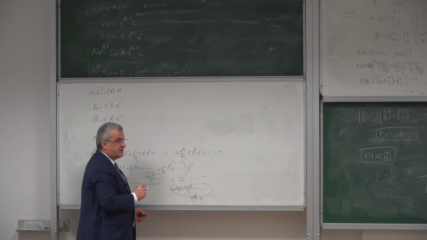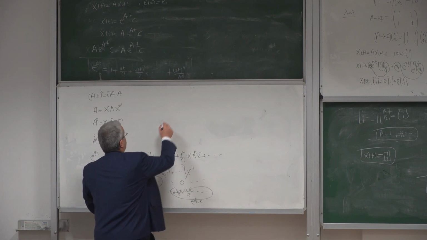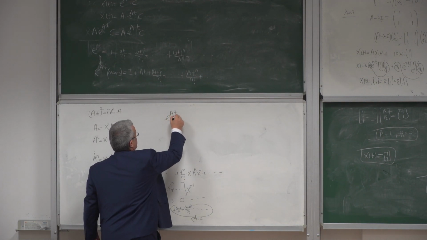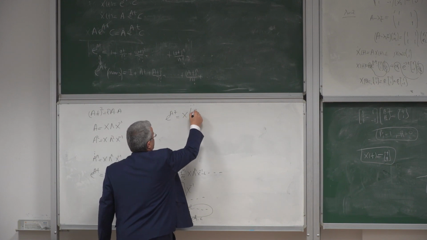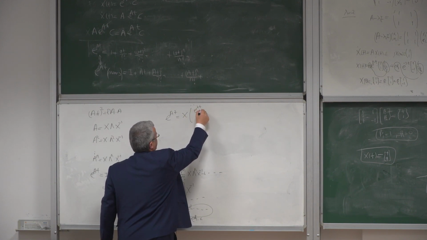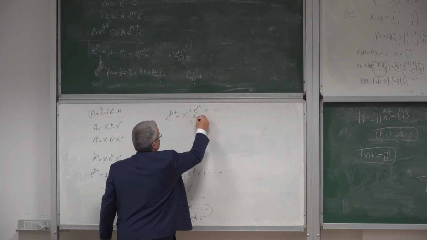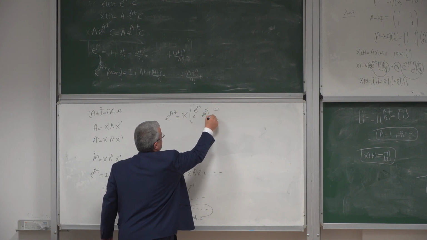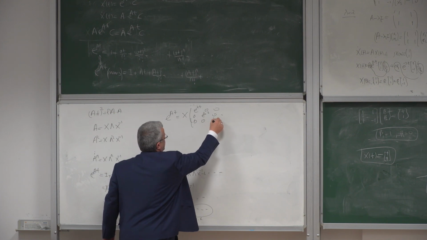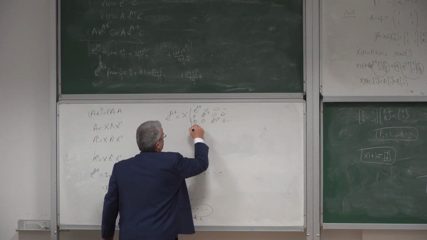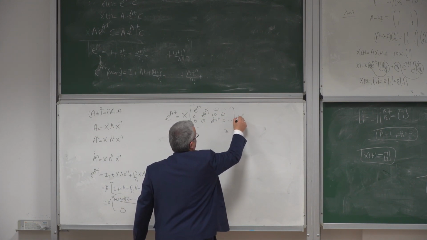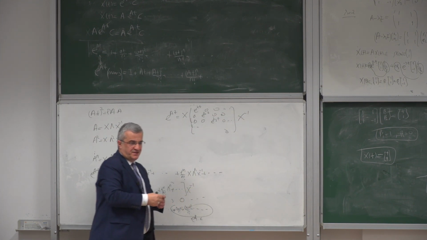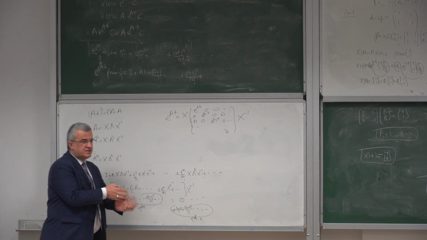Etc. So you will have e to the AT is equal to X times the diagonal matrix with e to the lambda 1 T, e to the lambda 2 T, e to the lambda 3 T on the diagonal, zeros elsewhere. Okay? So you have this diagonal matrix times X inverse. Okay? So this is e to the AT. This is how you form it.